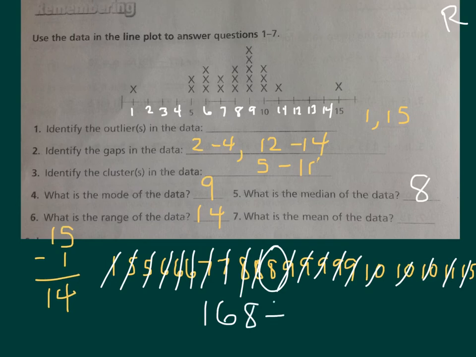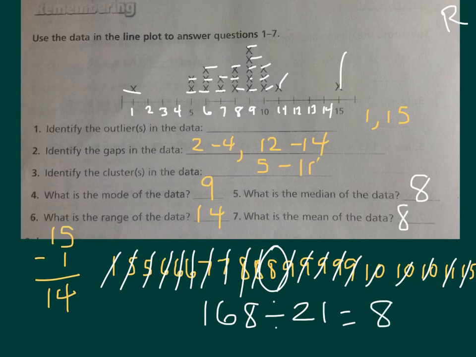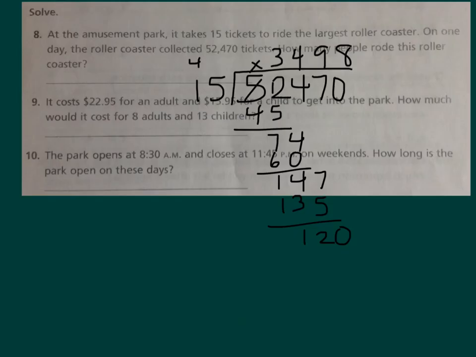And then I need to divide that by 21, because there's a total of 21 numbers, and that gets me to a total of 8. Usually, your mode, range, median, and mean should all be kind of generally about the same number.